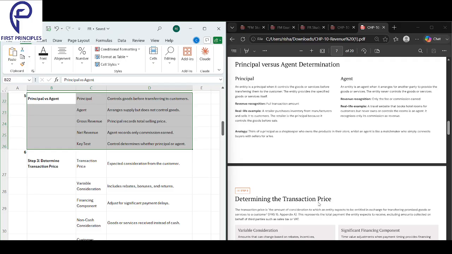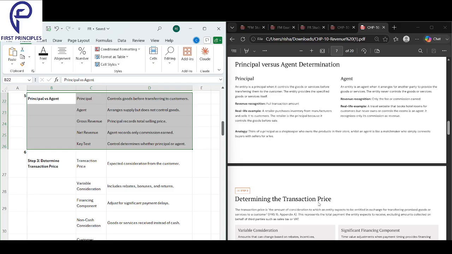If Qatar Airways sells its tickets via MakeMyTrip, Qatar Airways is the one who owns that ticket, so they are the principal. MakeMyTrip only makes the customer and the supplier meet, so MakeMyTrip is the agent. When a ticket is sold, Qatar Airways will record the full selling price as its revenue, whereas MakeMyTrip will only record the commission that it gets.